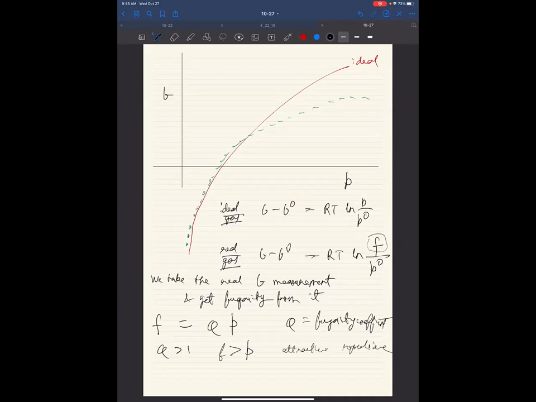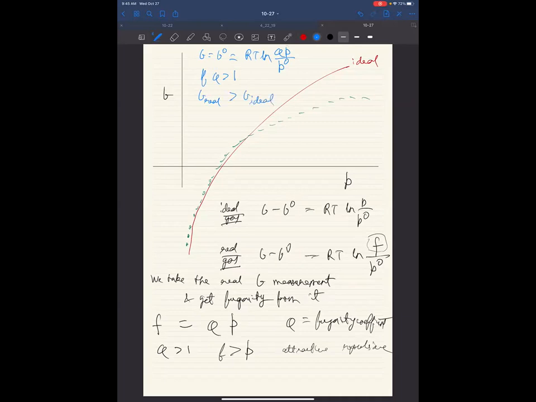Go ahead. Why? Because if phi is greater than 1, you imply that the fugacity is higher than the pressure. Yeah. So let's work through his argument carefully. What he just said is that G minus G naught is equal to RT ln of phi multiplied by pressure divided by P naught, right? So if phi is more than 1, then G real is more than G ideal, correct?